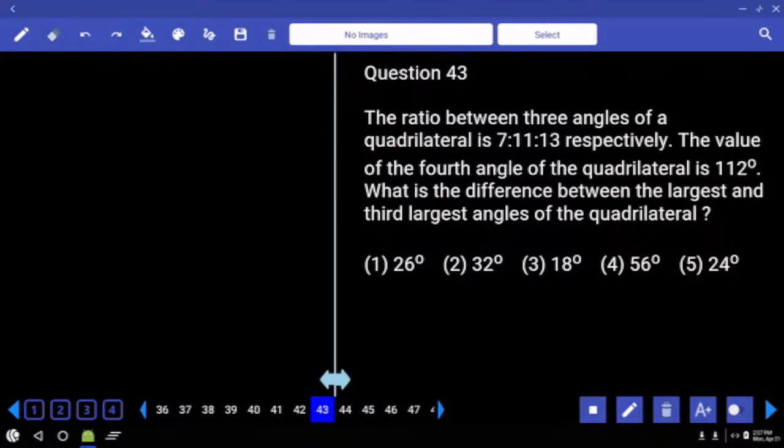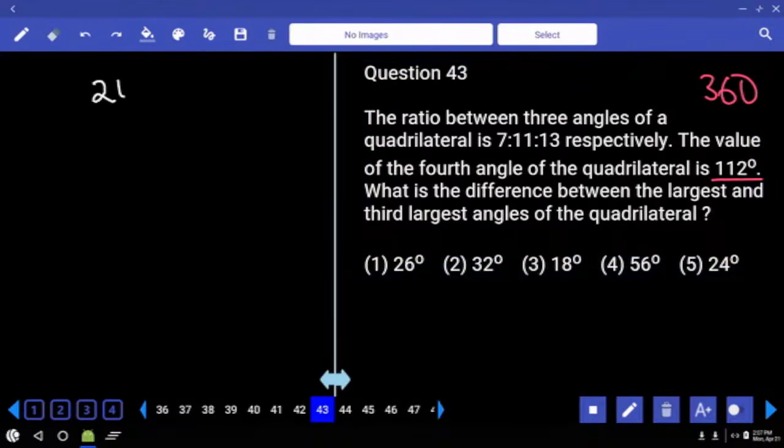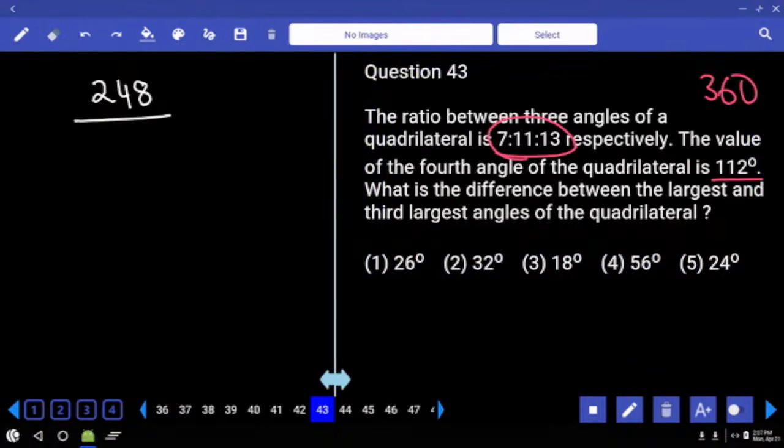The ratio between 3 angles of a quadrilateral is 7, 11, 13 respectively, and the value of the fourth angle of the quadrilateral is 112. What is the difference between the largest and third largest angle of the quadrilateral? Out of 360, 112 is already there. Remaining 248 is the sum of the remaining 3 angles, which is equal to 31 parts.